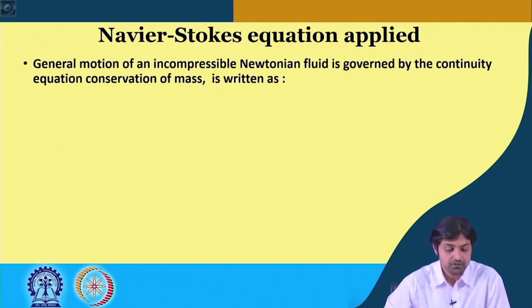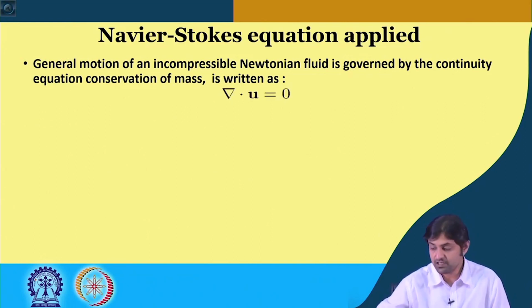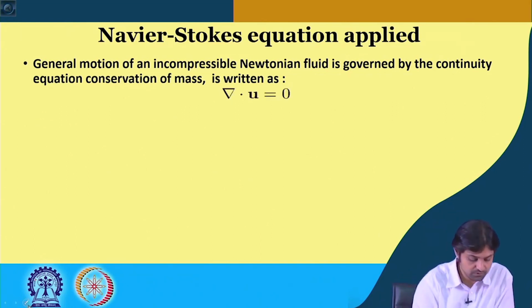All right. So the general motion of an incompressible Newtonian fluid is governed by the continuity equation and the conservation of mass. This continuity equation is written as del dot u is equal to 0.